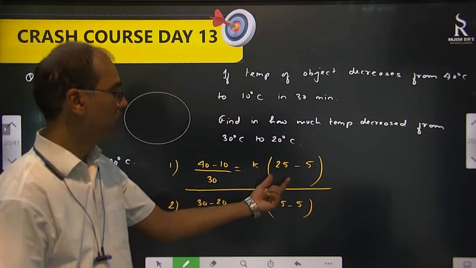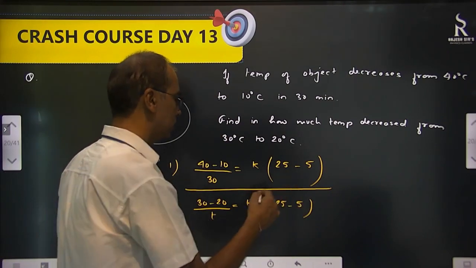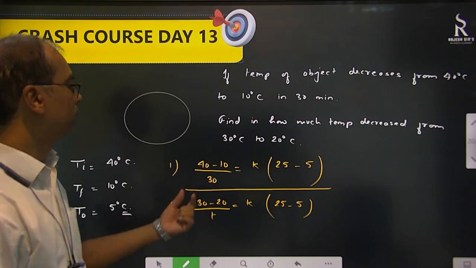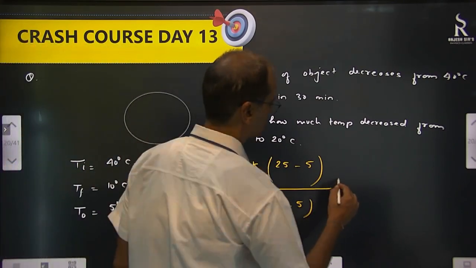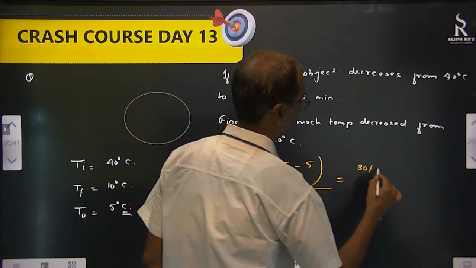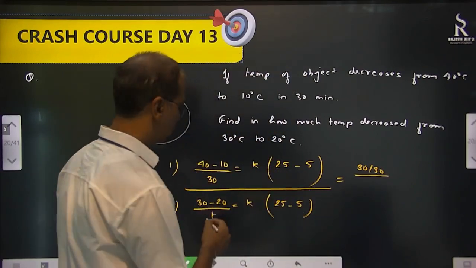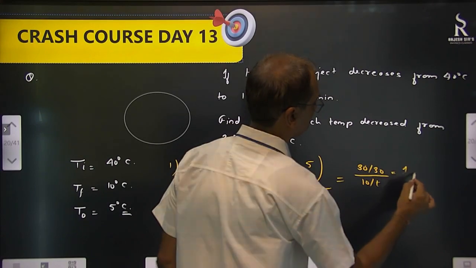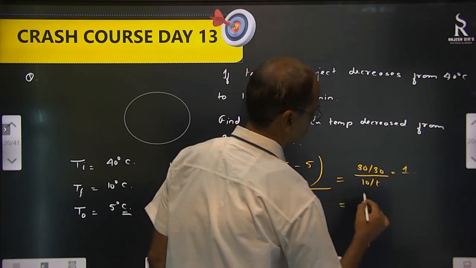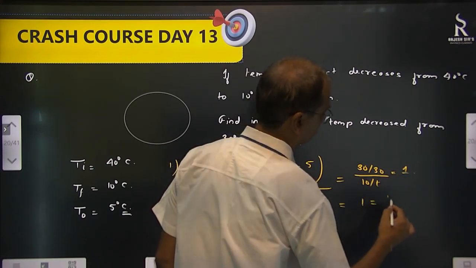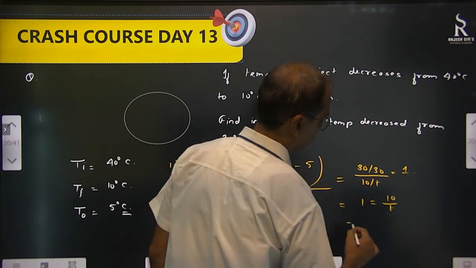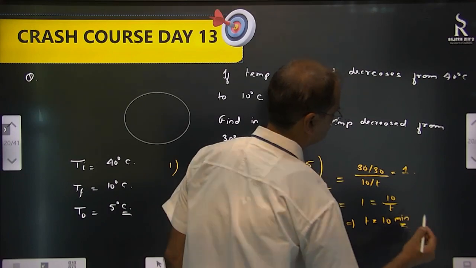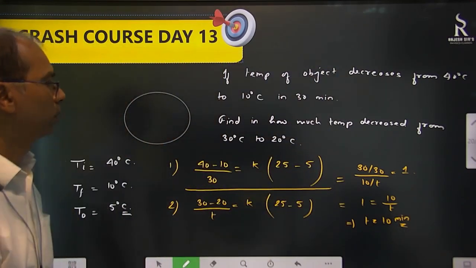Now we can see that this and this are exactly equal, so K and K cancel. Then we have 40 minus 10 by 30, that means 30 by 30, equal to 10 by t, equal to 1. So 30 by 30 means 1 equals 10 by t. So t equals 10 minutes.